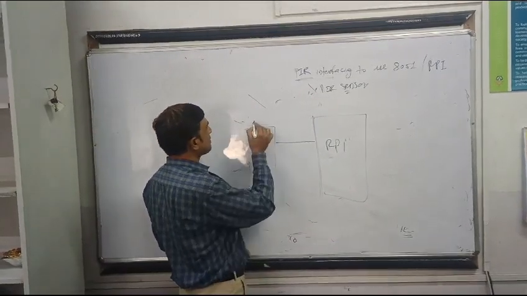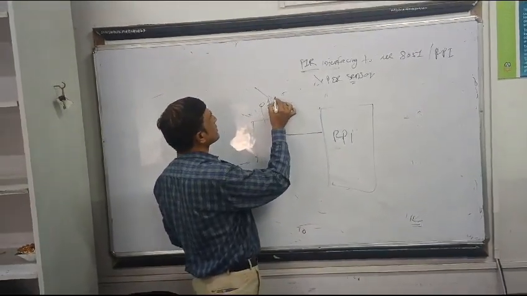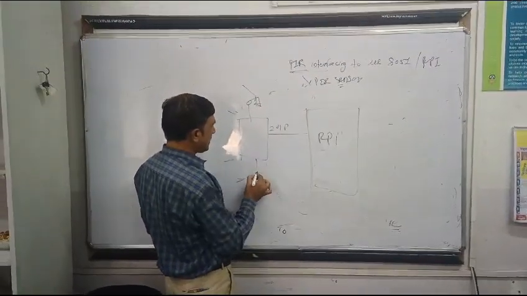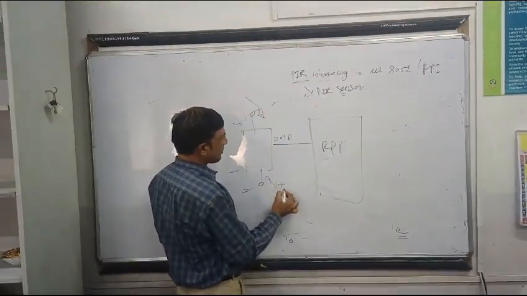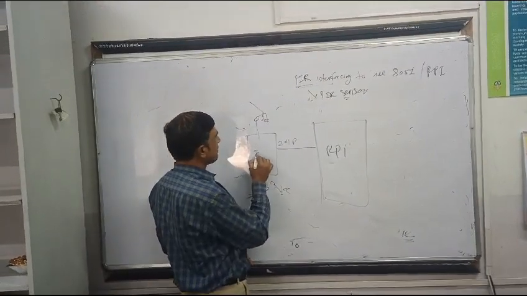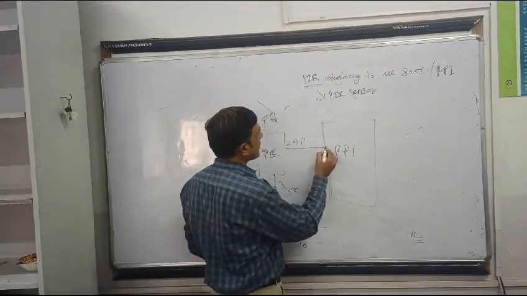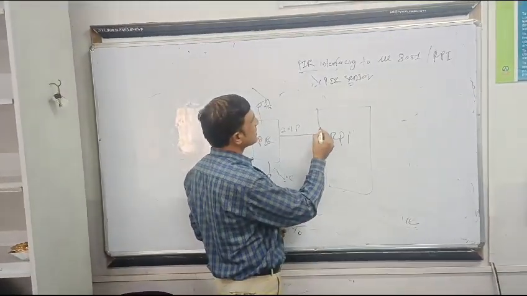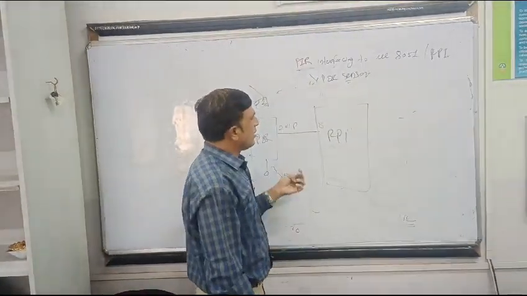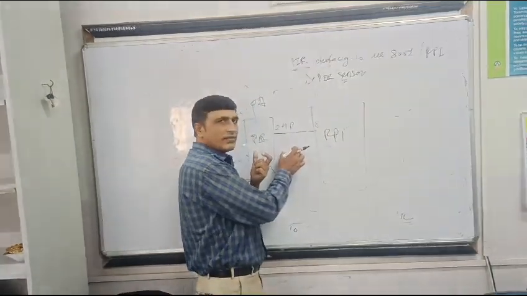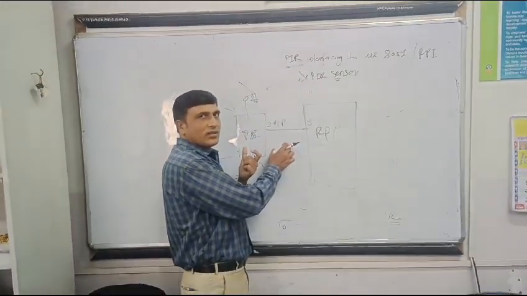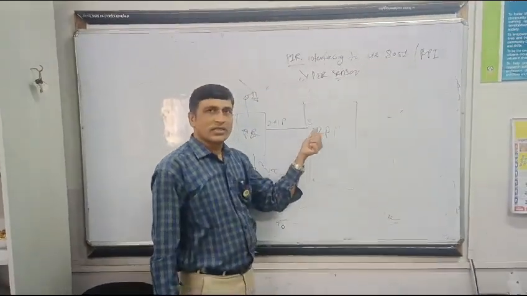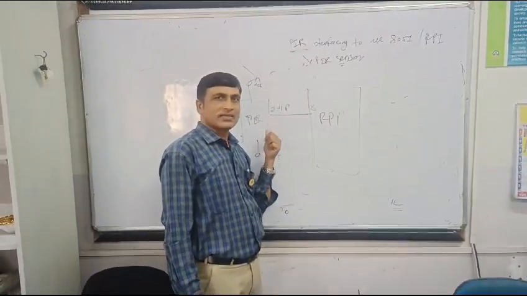There are simple 3 pins: pin number 1 is ground, pin number 2 is output, and pin number 3 is VCC. You can connect this PIR to any pin of your Raspberry Pi, for example pin number 8. This is one external device. In this way, this is the connection of the Raspberry Pi and the sensor.